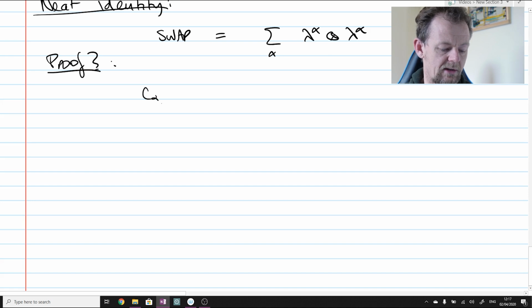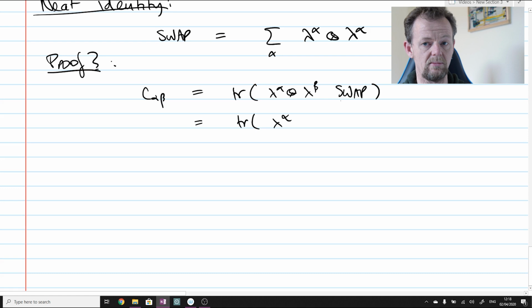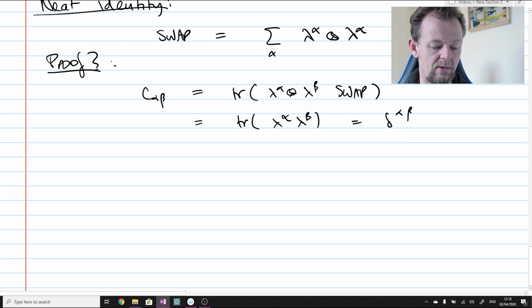Well, let's try and calculate the coefficients of swap as an operator with respect to this complete orthonormal basis of Hermitian operators. So what we want to do is compute the coefficient C alpha beta of the operator swap with respect to this operator basis. And then we have this neat trick, right, that if you have the trace of the tensor product of two operators times swap, it's really just the trace of the product of the operators, which of course, according to the defining property of this basis, is delta alpha beta.